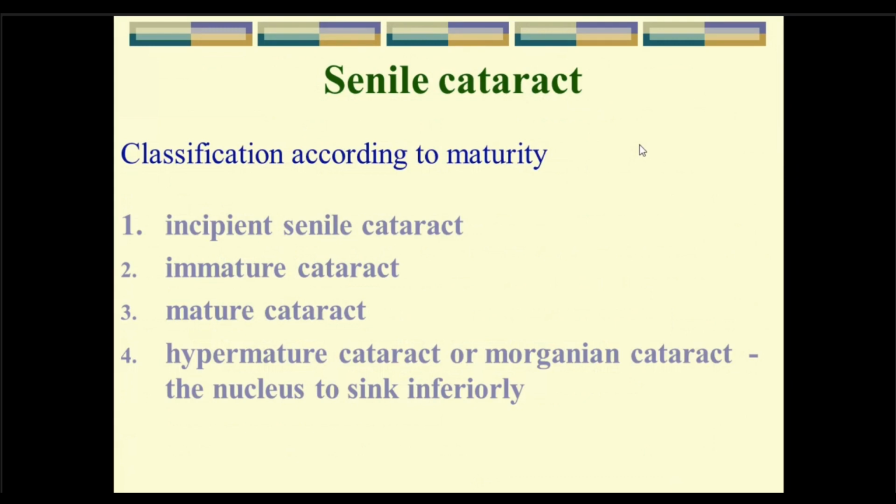Reiger's syndrome also has cataract. In this syndrome, patients also have cataract and usually have changes in the iris. Then Gregg syndrome, or congenital rubella syndrome.